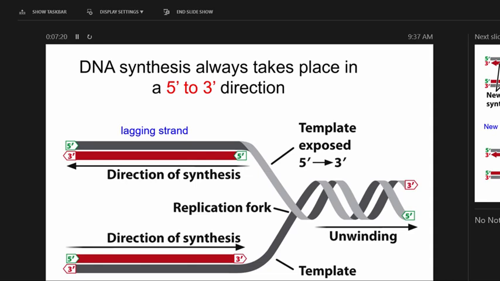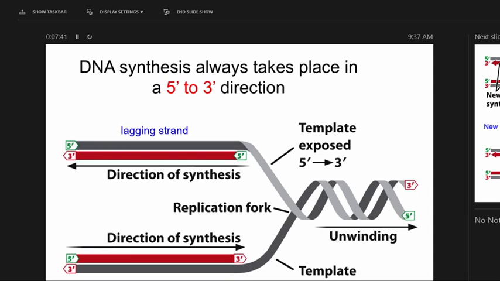Because DNA synthesis always takes place in a 5' to 3' direction with respect to the strand being synthesized, you can see that as the DNA unwinds, this strand can just have continuous synthesis here, right? As more and more DNA opens up, it can just keep going.